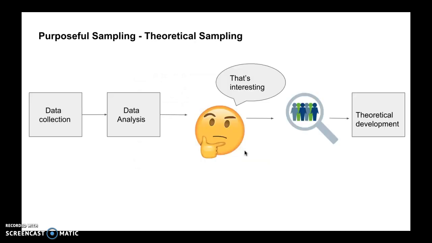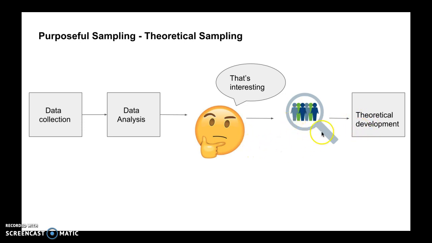Another strategy, called theoretical sampling, is very similar to extreme case sampling, because it's used after the data analysis. After you code the data, you realize, oh, there are some interesting things over there, some theoretical things or interesting constructs in the data that you as a researcher believe may become a new theory or make a contribution to theoretical development.